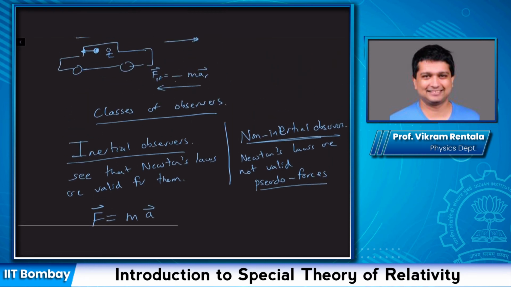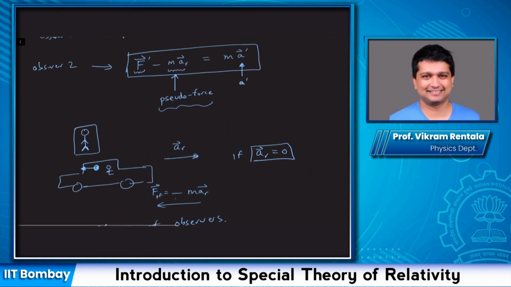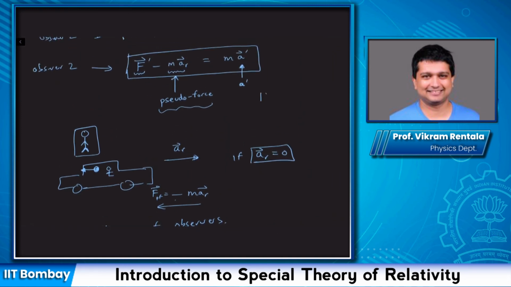So if you take this special case where AR is 0, okay, in those special cases, the force F prime, as seen by observer 2, which is the same as the force F, okay, which is a force which can be attributed to a known cause, like someone pushing on the object, would result in an acceleration that is directly proportional to the force divided by the mass of the object.